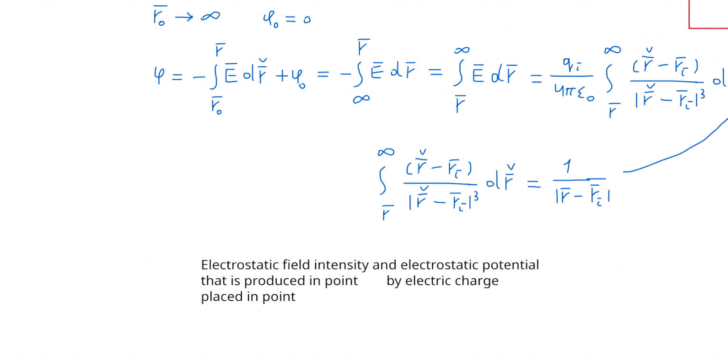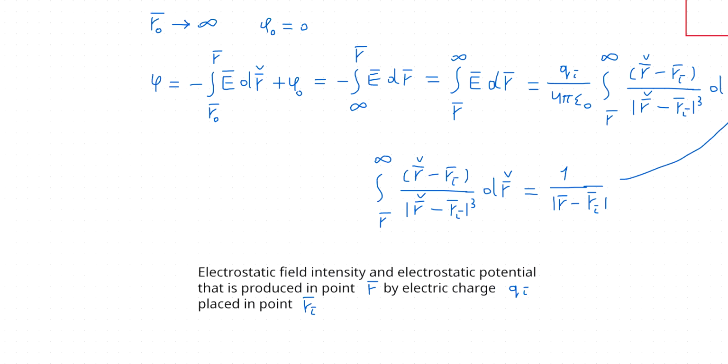So electrostatic field intensity and electrostatic potential that is produced in point R by electric charge Qi in point Ri.